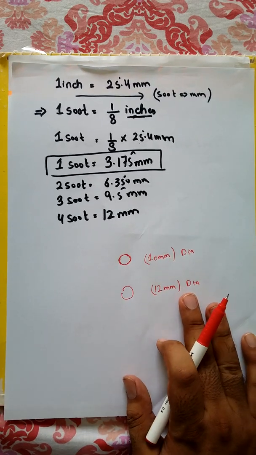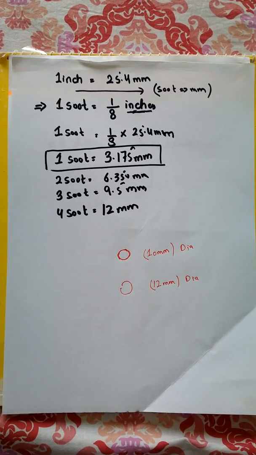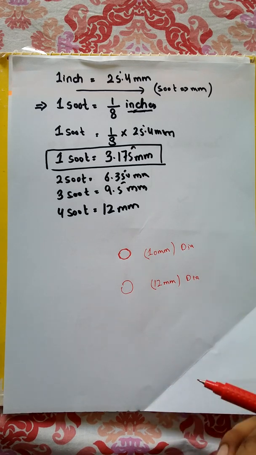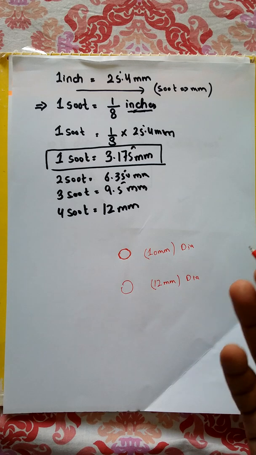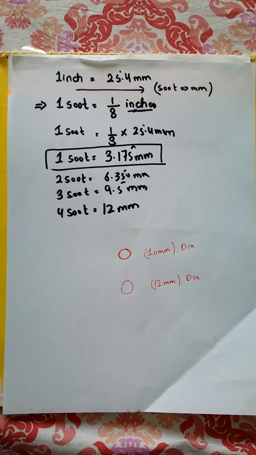So viewers, if you go towards a steel cutting man, a foreman or a labor or any expert that is cutting steel on your steel yard, these people always understand suth. If you talk with them, they will say, tell us the steel value in suth. So that is where you need this calculation.